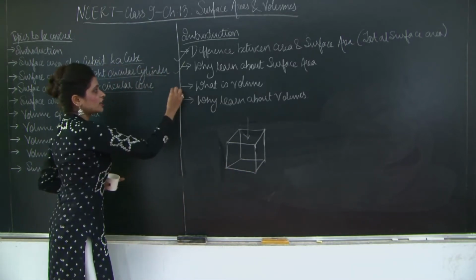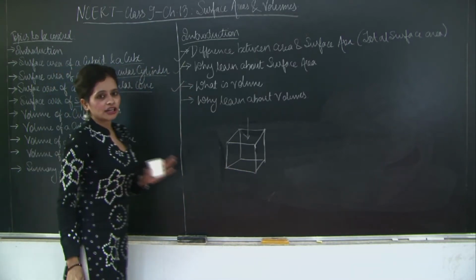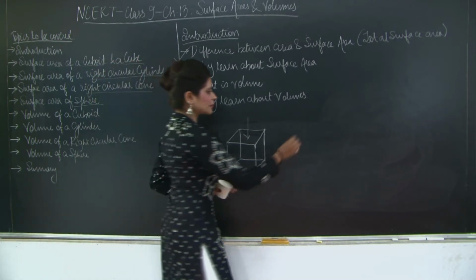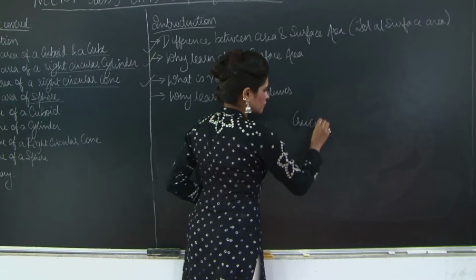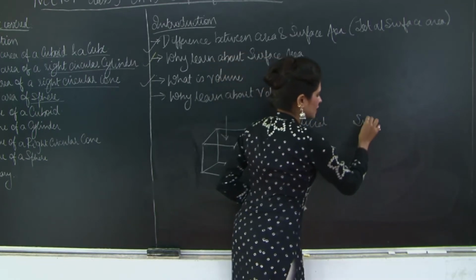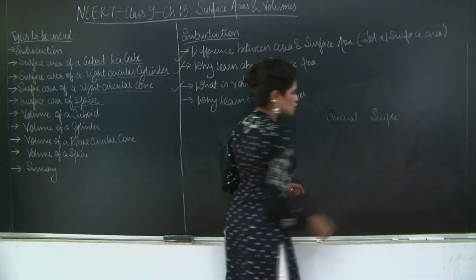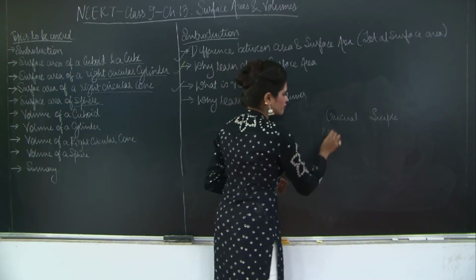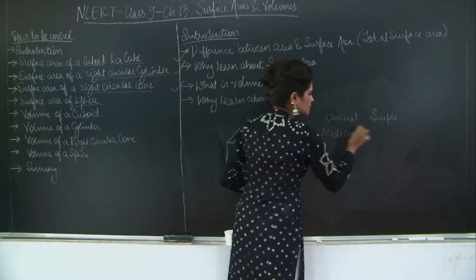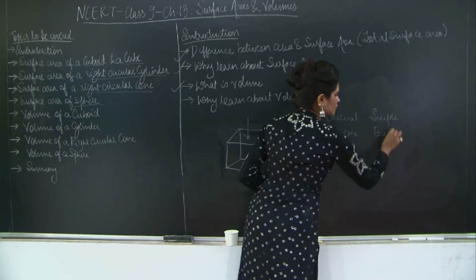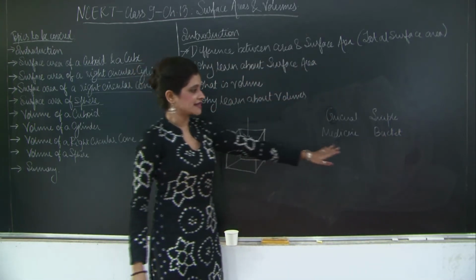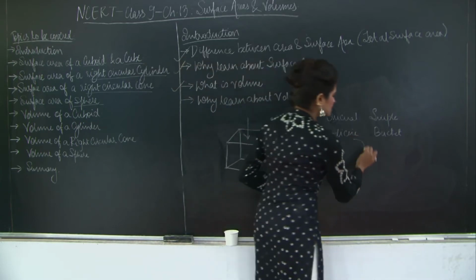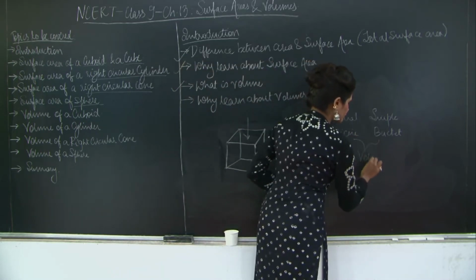So why are we learning about volumes? I'll give you a very crucial example and a very simple example. The crucial example would be that of medicine and the simple one would be that of a bucket. You might be wondering what is the relationship between these two examples. The relationship is nothing but volume.